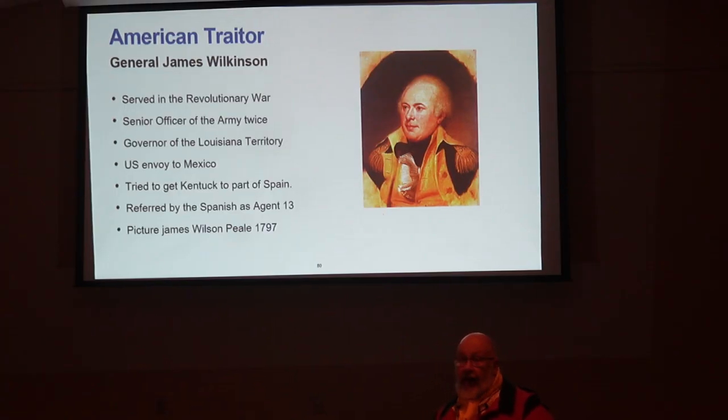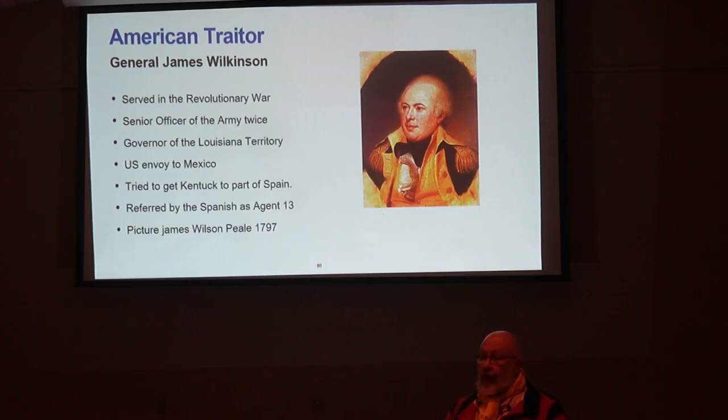And one of the things he tried, because one of the park rangers here was telling me that John Sevier had tried to reach out to the Spanish during the troubles here in Tennessee for them to become part of Spain. Well, this guy wanted Kentucky to become part of Spain. Later on they found out he'd been a Spanish agent the whole time.